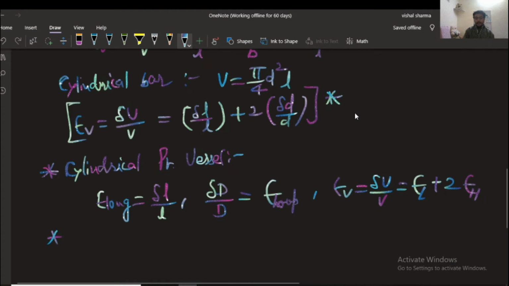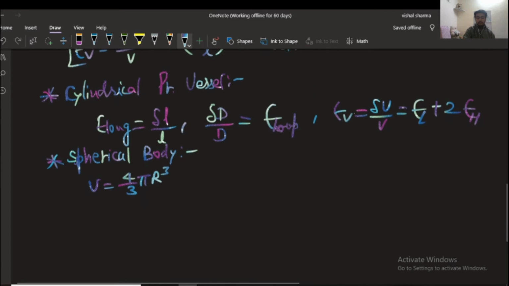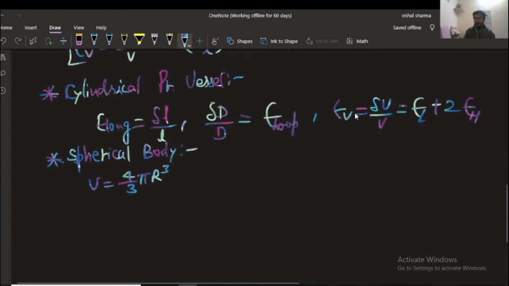Now taking the spherical body or spherical object, what will be the volume? The volume of the sphere is given by 4 by 3 pi r cube. The change in volume is given by pi by 6 times 3 d square del d.